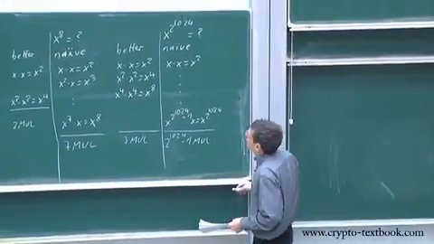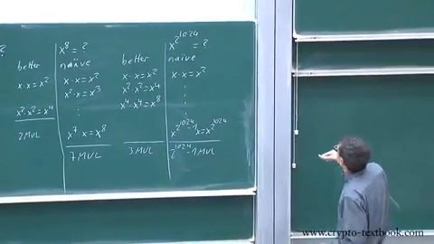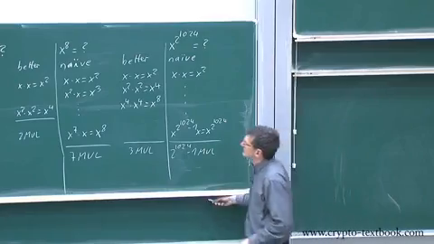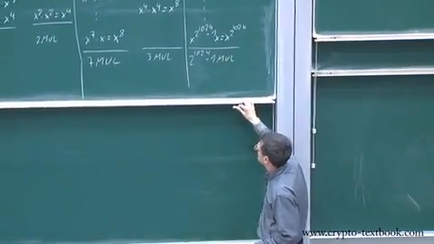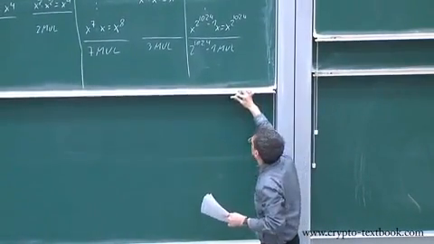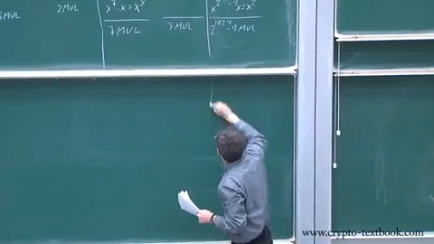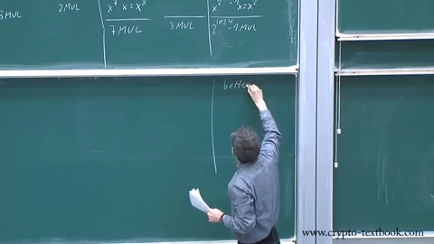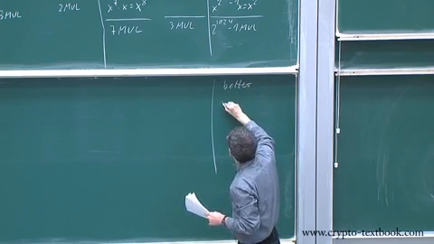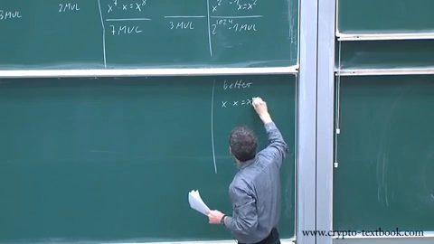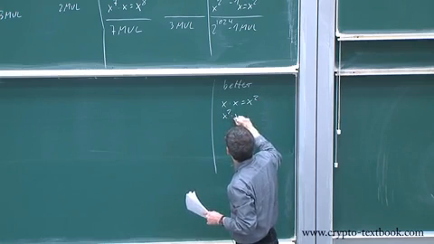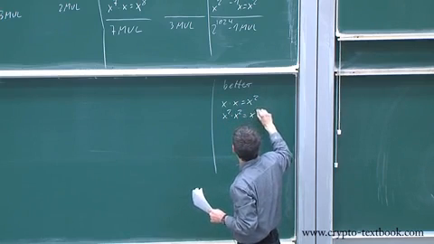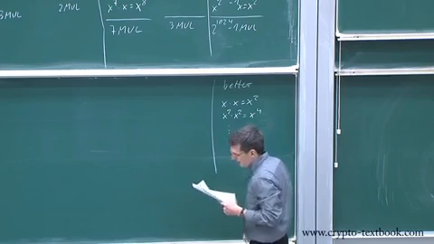So how far are we? This is too unfortunate, right? Can I squeeze it in? So please write that down on the left-hand side. The better way of doing it starts with x times x is x squared. X squared times x squared is x to the 4th, and so on.